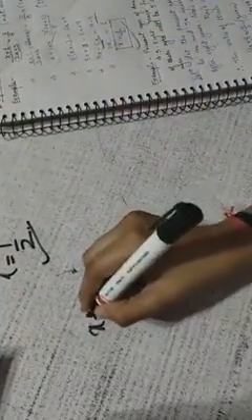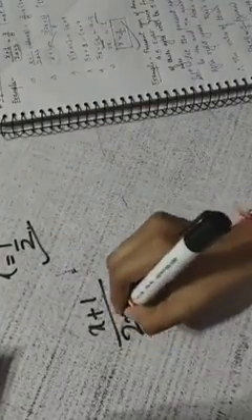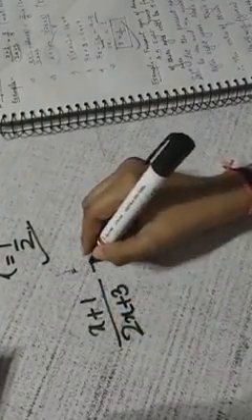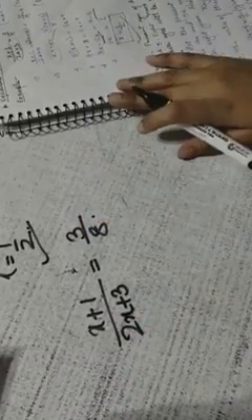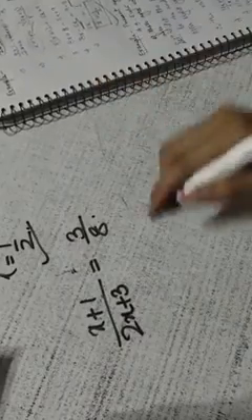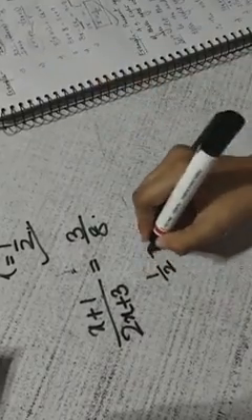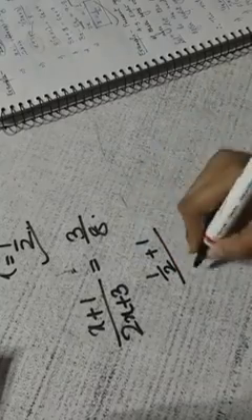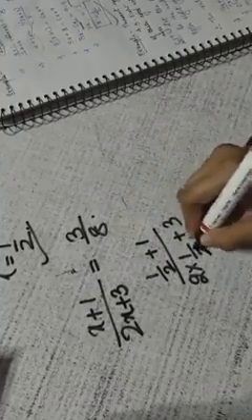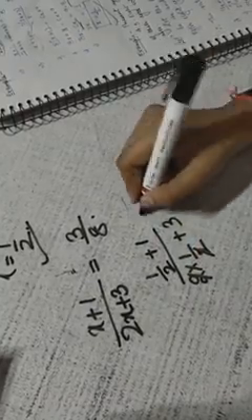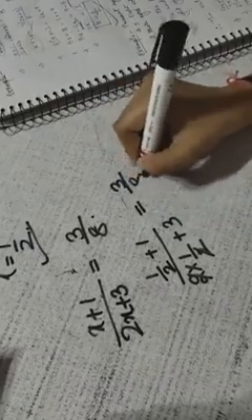So x plus 1 by 2x plus 3 equals 3 by 8. In the place of x, keep 1 by 2. 1 by 2 plus 1 upon 2 multiplied by 1 by 2 plus 3. So this will cancel, equals 3 by 8.